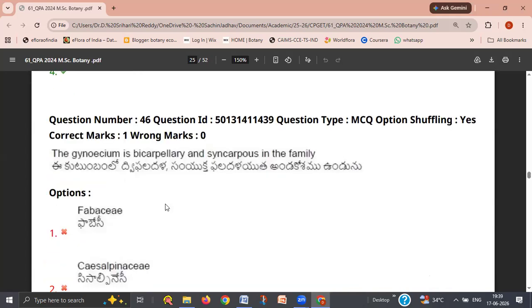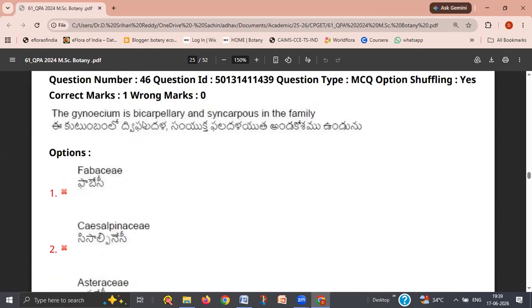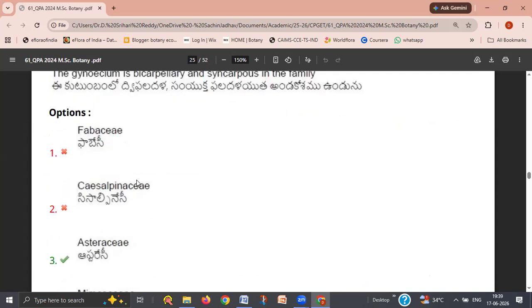Okay, next. The gynoecium is bicarpellary and syncarpous in the family. Where do we find this condition? Fabaceae is monocarpous. There is a single carpel in the gynoecium in Fabaceae, a monocarpellary condition.